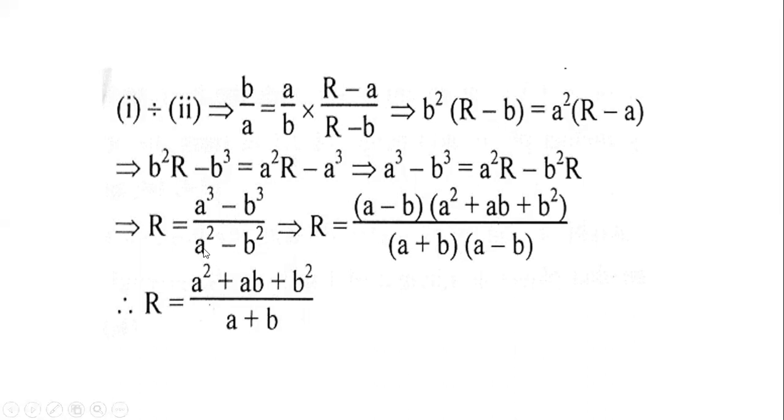But you know, a² minus b² equals (a plus b) into (a minus b). Here a minus b vanishes. So finally, boys, we get range R equal to (a² + ab + b²) by (a + b).